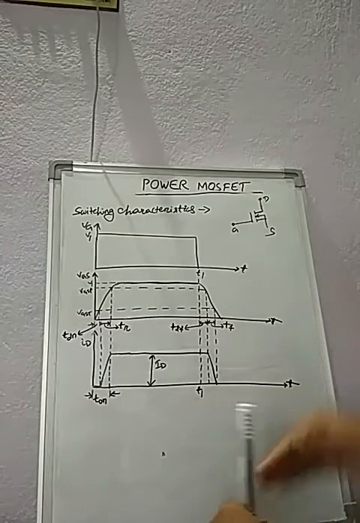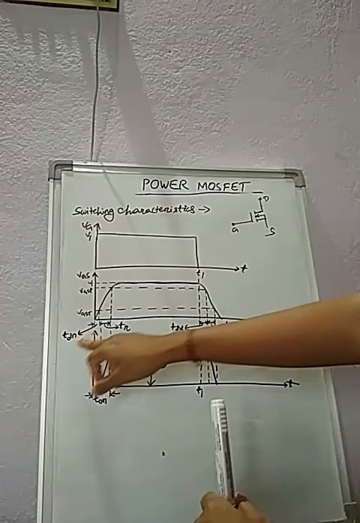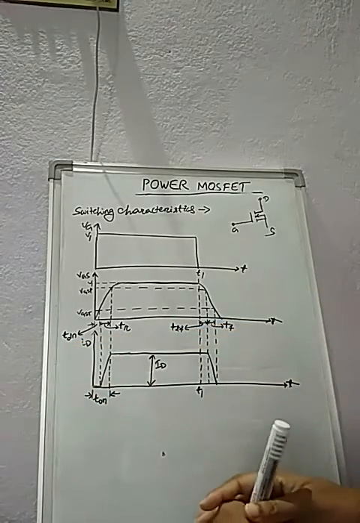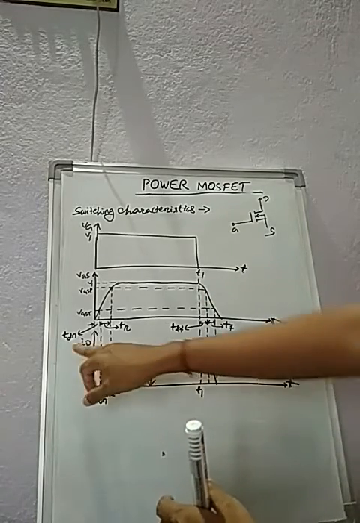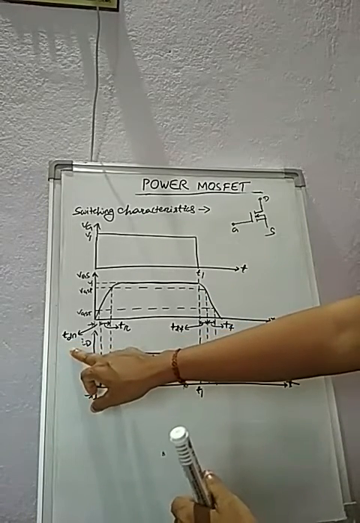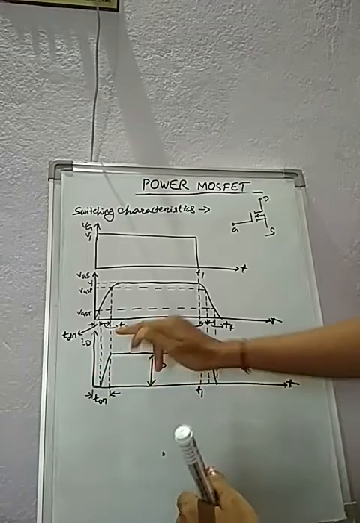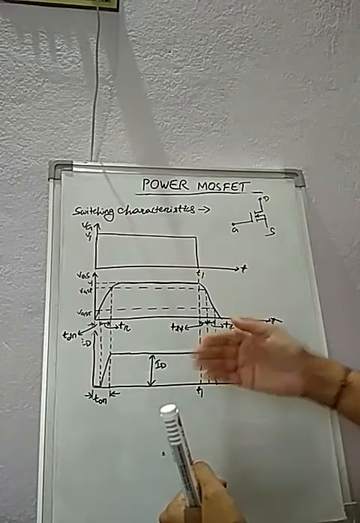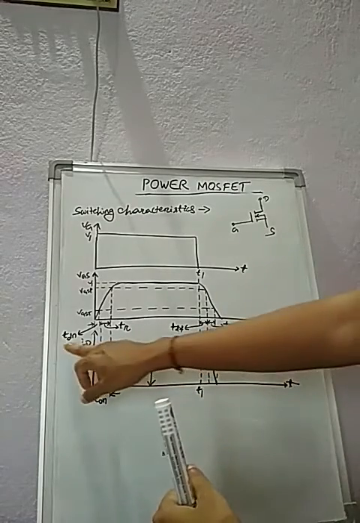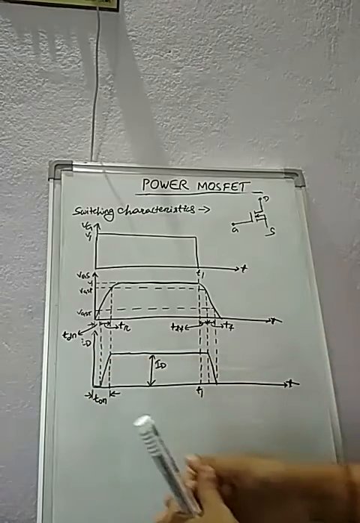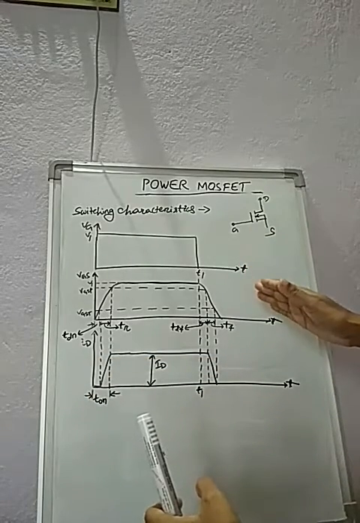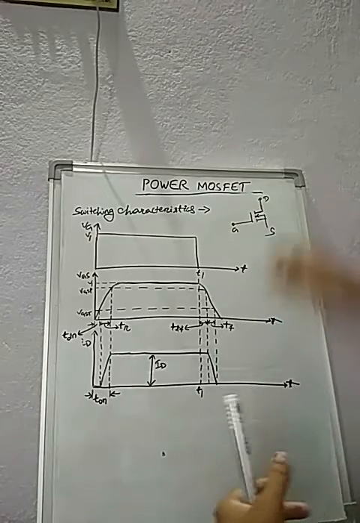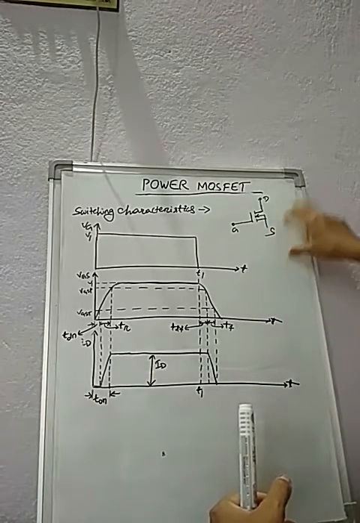At turn on there is an initial delay, that is TD. At turn on there is an initial delay TD, during which the input capacitance charges to the gate threshold voltage VGST. So during this turn on delay time, what happens? At first, when we want to turn on this MOSFET, we first apply the drain to source voltage, that is VDD.